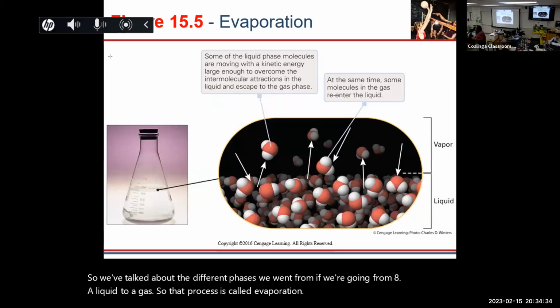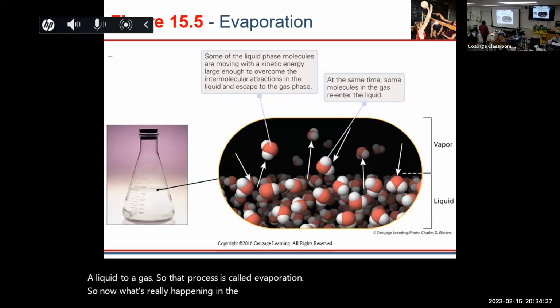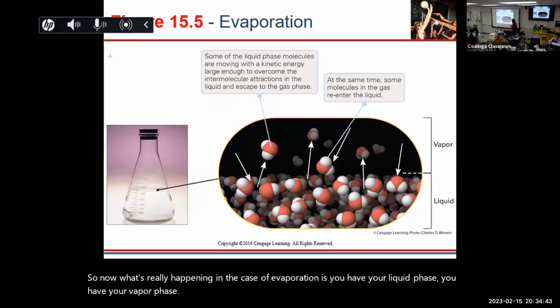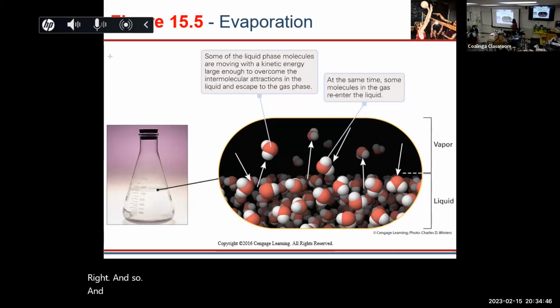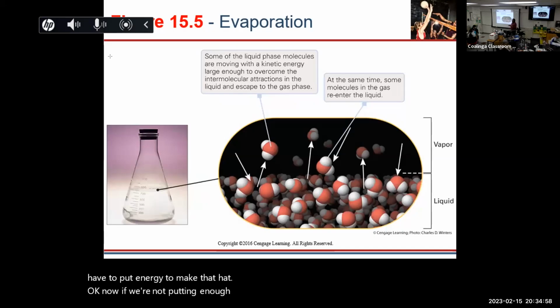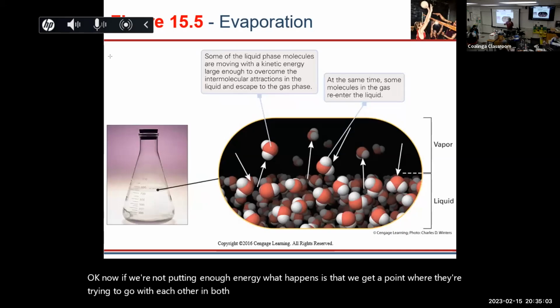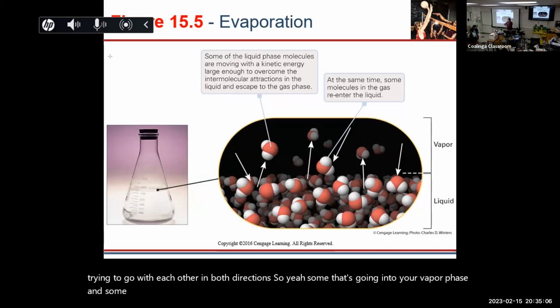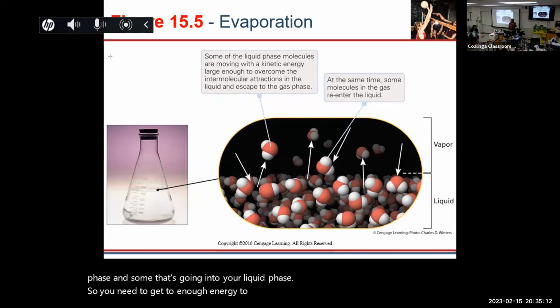What's really happening in evaporation is you have your liquid phase and your vapor phase, and it takes energy to go from liquid to vapor. You have to put energy in to make that happen. If we're not putting in enough energy, some molecules go into the vapor phase and some go back into the liquid phase. So you need enough energy to cause that breakaway, and we're going to be talking about that breakaway in terms of energy.